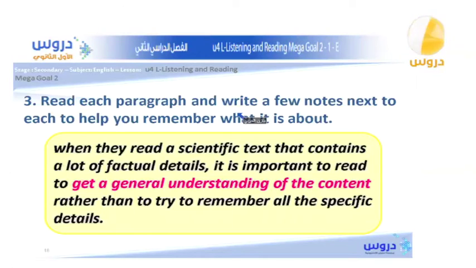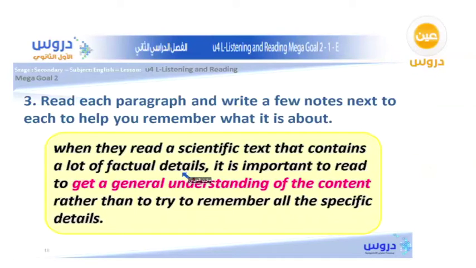Very good. This is a very important note: when we read any text, especially a scientific one that has a lot of details and terminologies that we may not understand, it's important to keep reading until we have a general idea about the whole text. Okay, so let's begin.